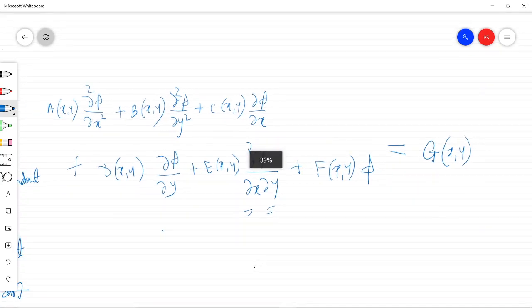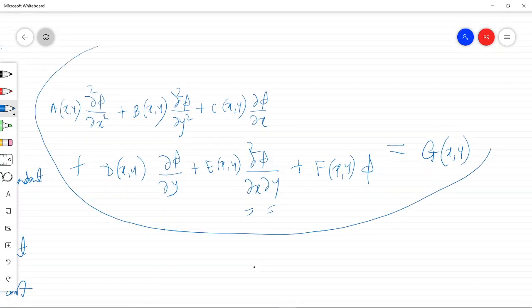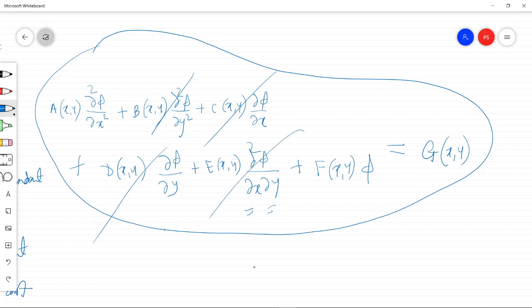So this is a typical general form of a partial differential equation. Some of these coefficients may disappear and make the equation quite simpler. That depends on the physical problem which the equation represents.